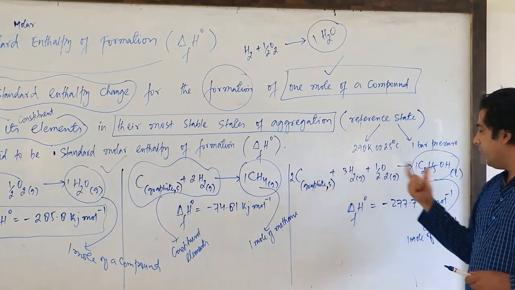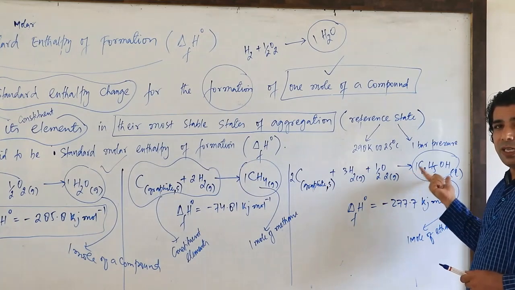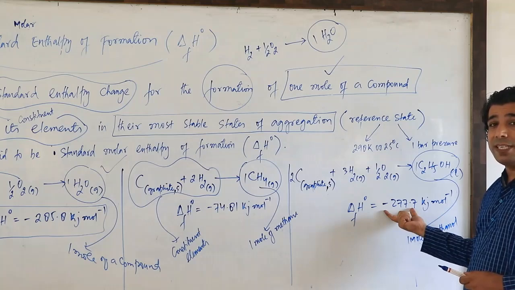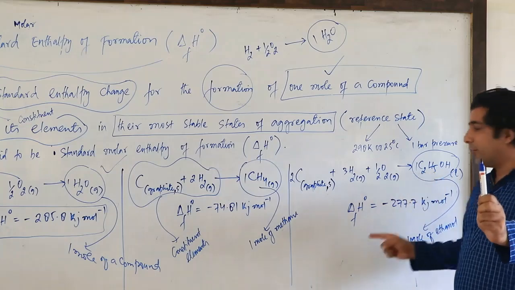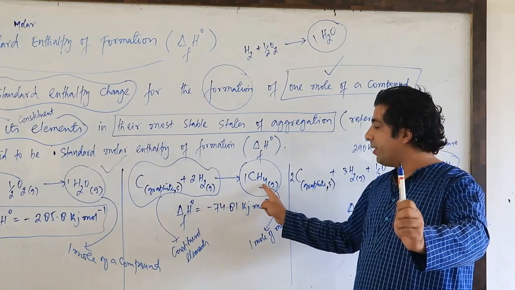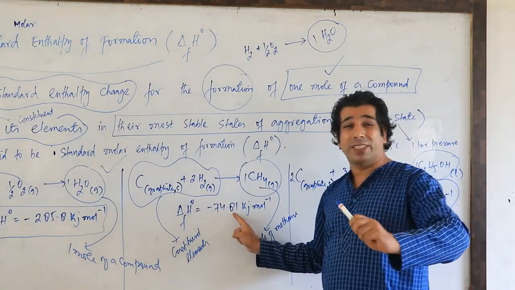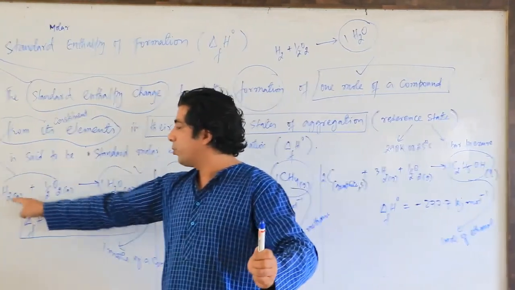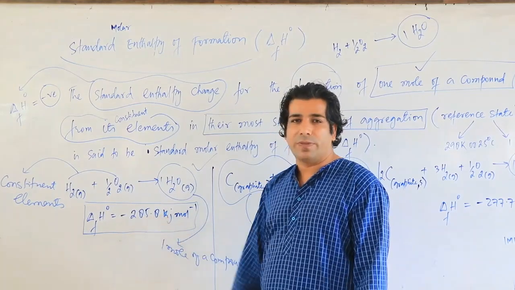So from them I am making 1 mole of ethanol, and during its formation some energy is released. How much is that? Minus 277.7 kilojoules. And during the formation of 1 mole of methane, minus 74.81 kilojoules is released. And for 1 mole of water, minus 285.8 kilojoules of energy is released.